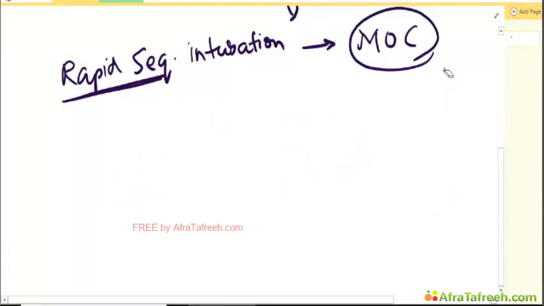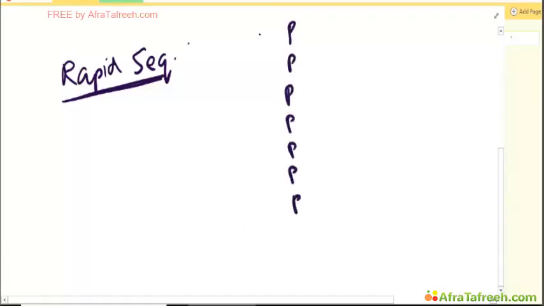RSI has various steps which can be remembered in the form of P's. Now let's see what these P's are. How many have I written? 1, 2, 3, 4, 5, 6, 7. So one is patient. You have to be sure and discuss with the team members what the indications for intubation in this patient are.